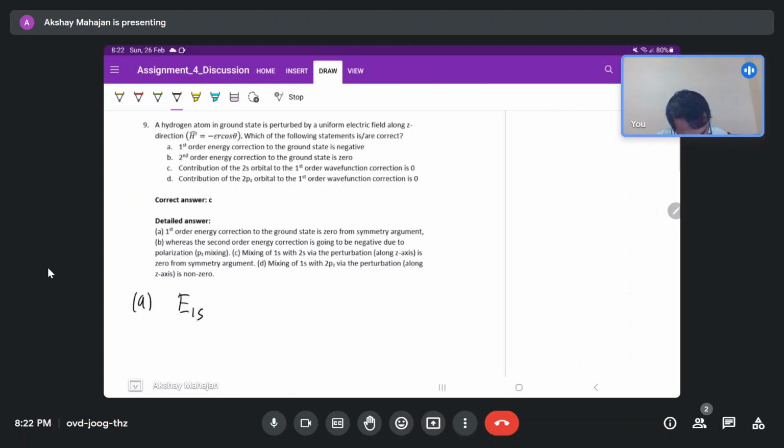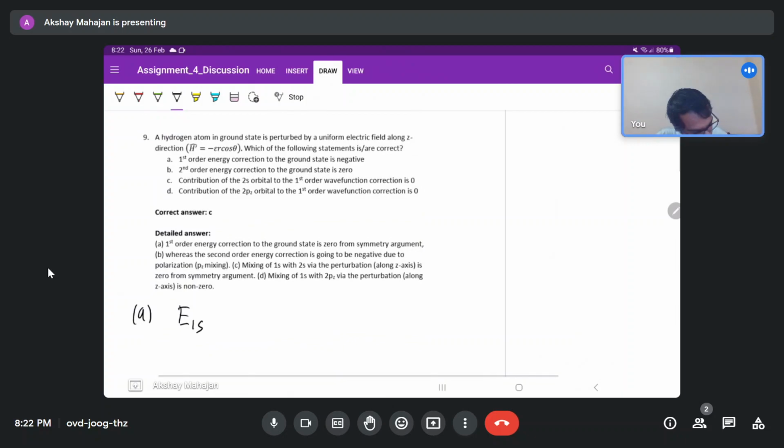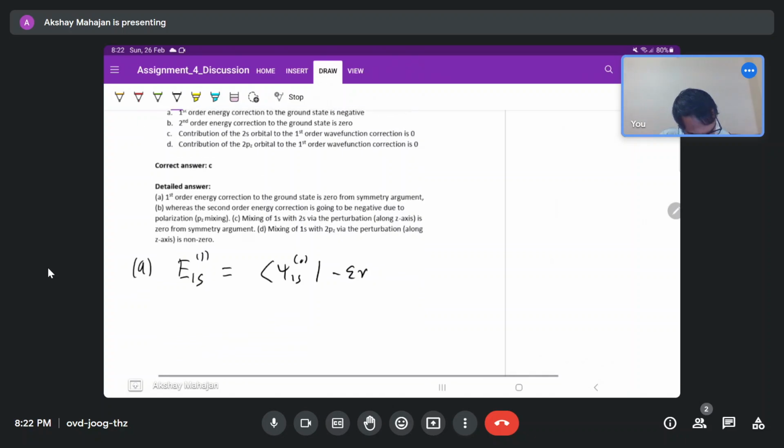If we do the first order energy correction on our ground state, which is our 1s state, that will be given by psi 1s of the 0th order, minus epsilon r cos theta, times psi 1s of the 0th order.